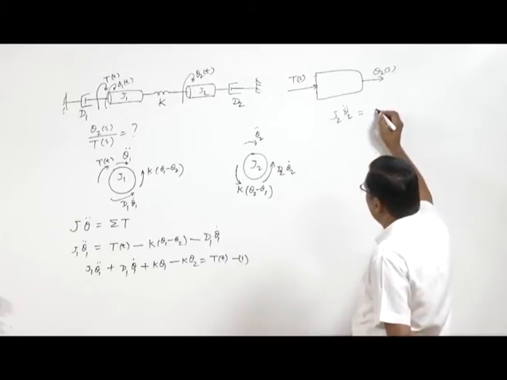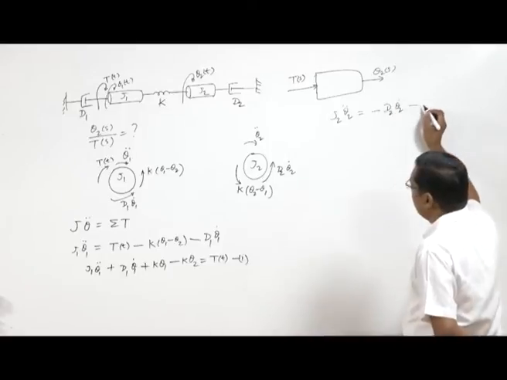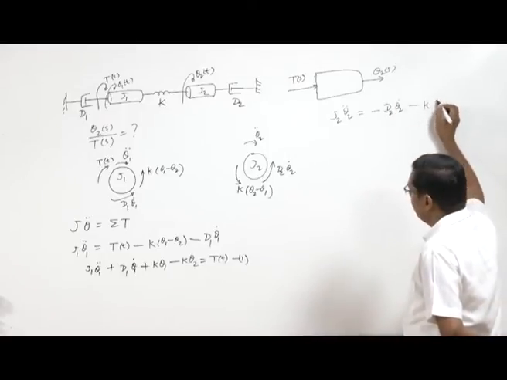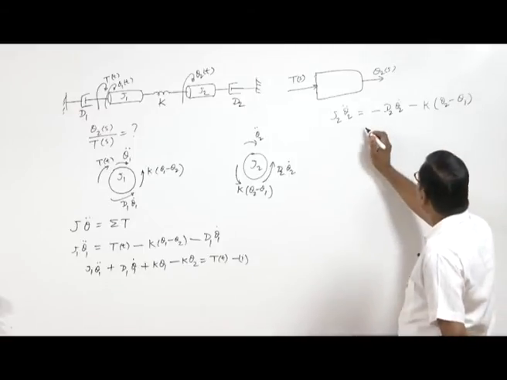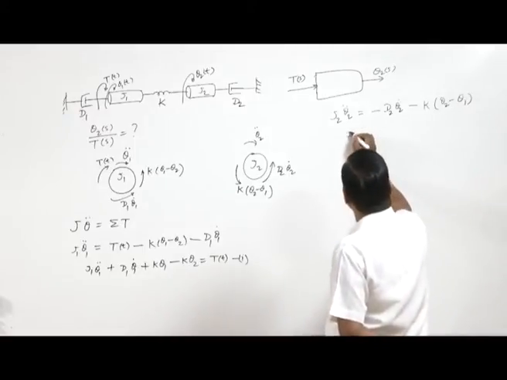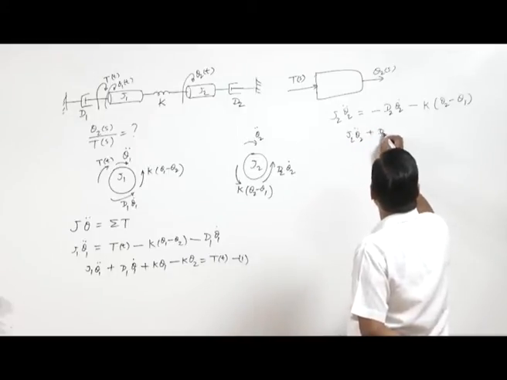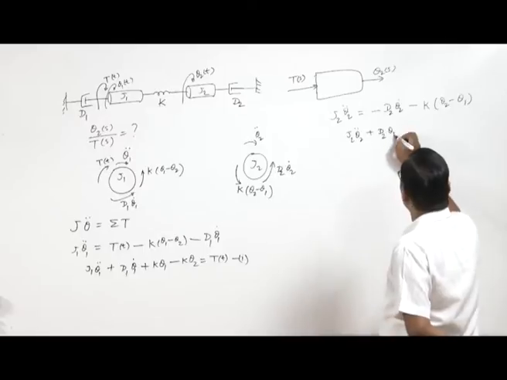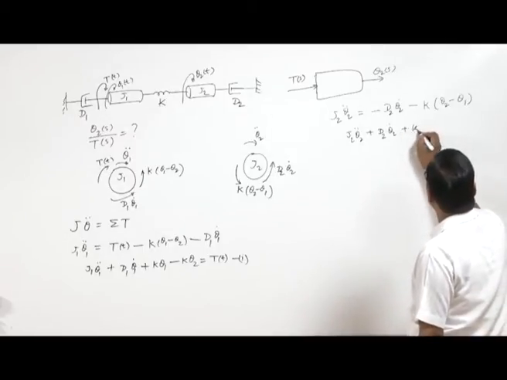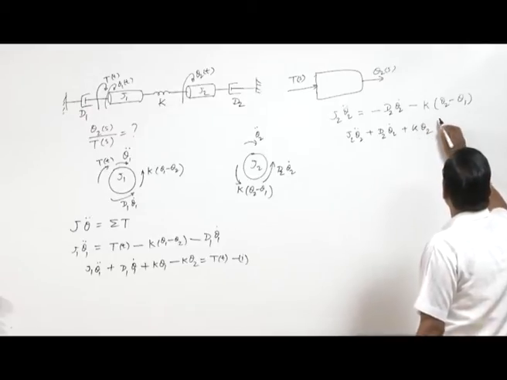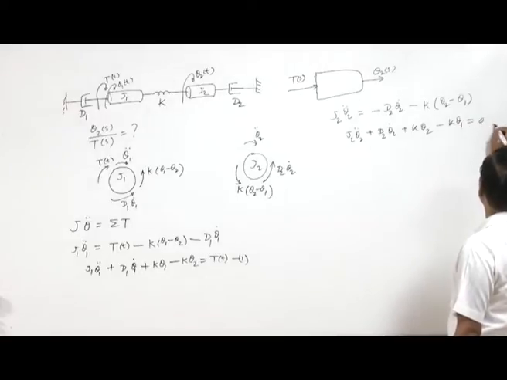So, minus d2 theta 2 dot minus k theta 2 minus theta 1. So, we can write J2 theta 2 double dot plus d2 theta 2 dot plus k theta 2 minus k theta 1 equal to 0. This is equation 2.